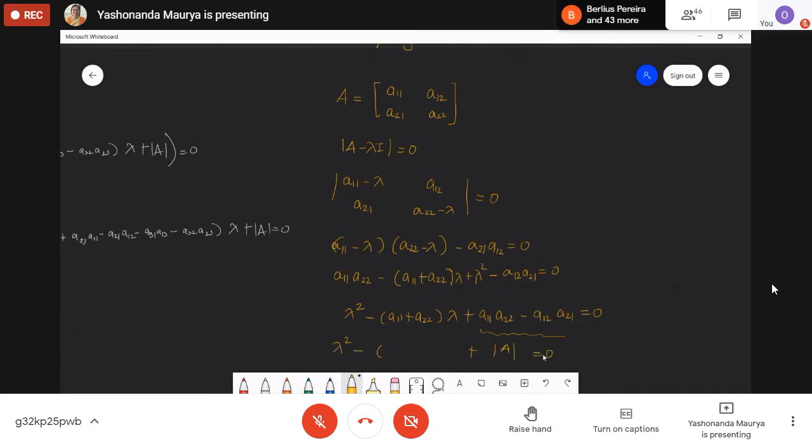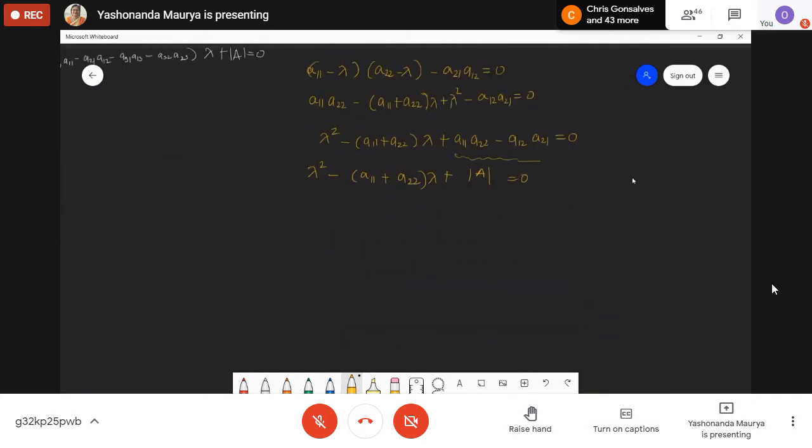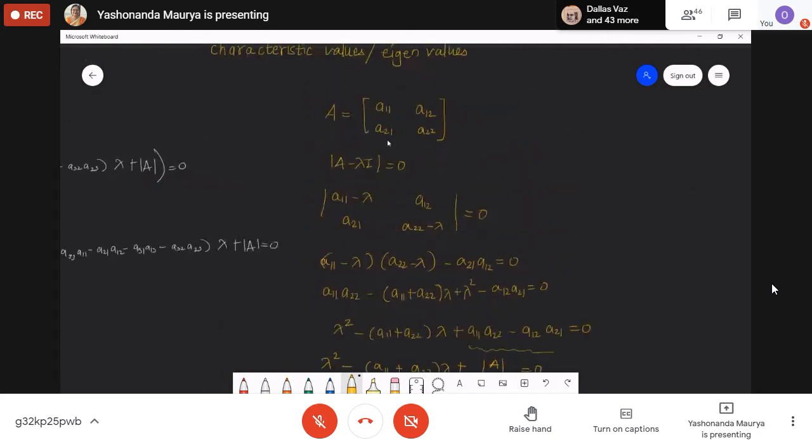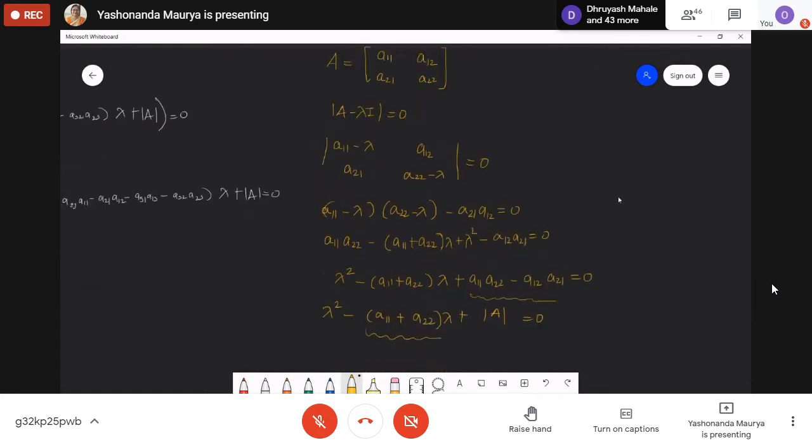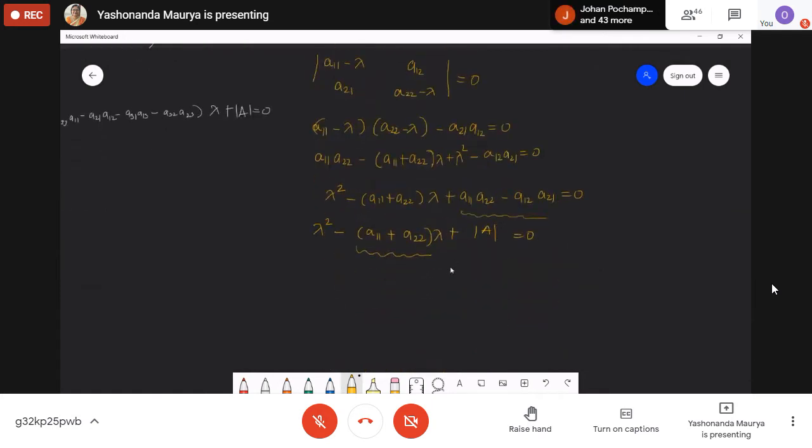Now one more thing: what is this entry A11 plus A22? It is the sum of the elements on the diagonal positions, and this has a name.